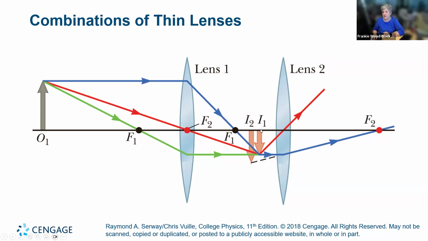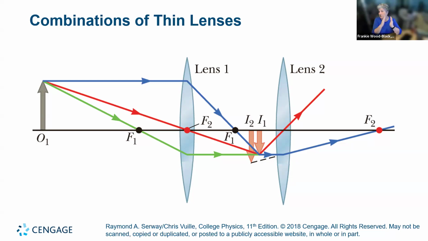So step 1, do the lens problem with lens 1. When you get to your image, the image is now the object, and then you can do your lens problem again.